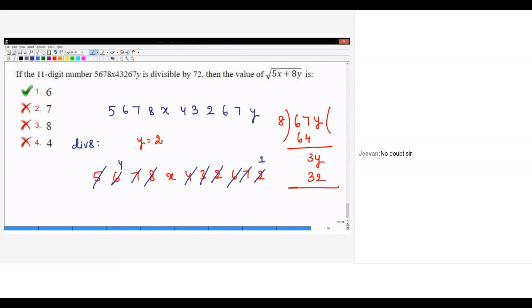Therefore, 4 is left. So what is finally left? 2, 4 plus 1, 5 is left. Therefore, x plus 5 should be 9. Therefore, x is equal to 4. Now put it in this. This is 20. This is 16. Root of 36 is 6.